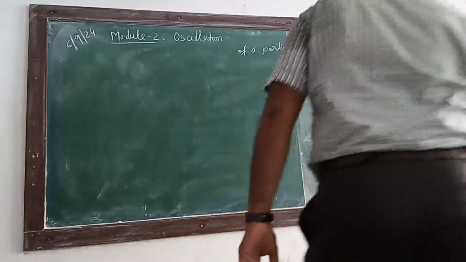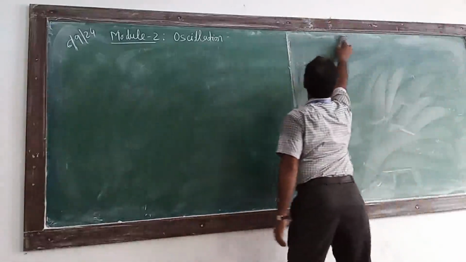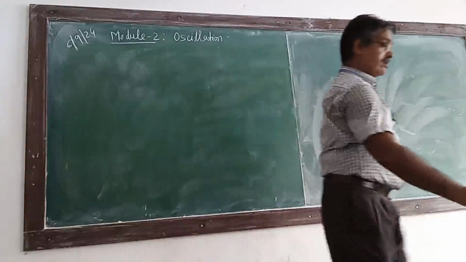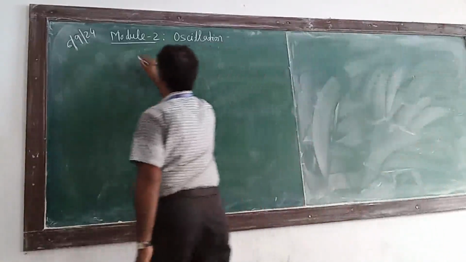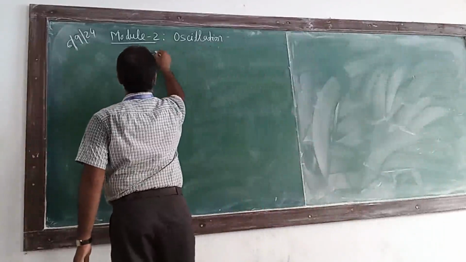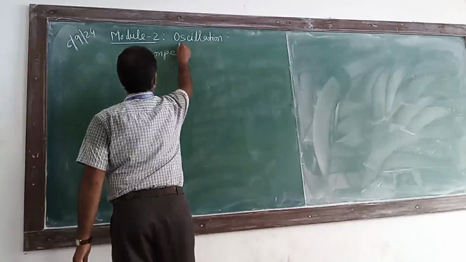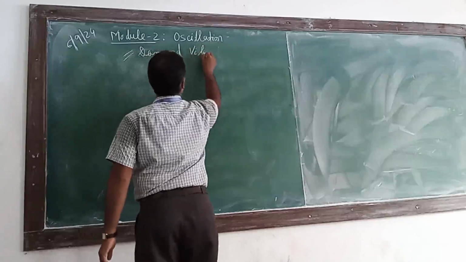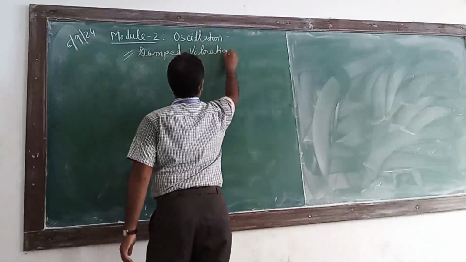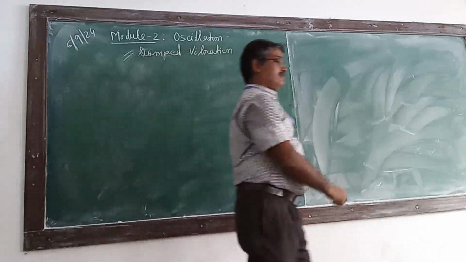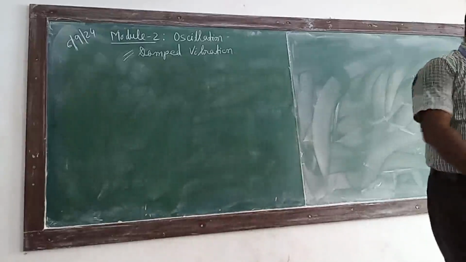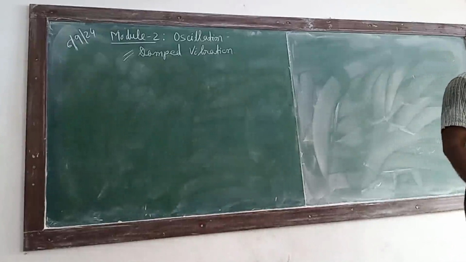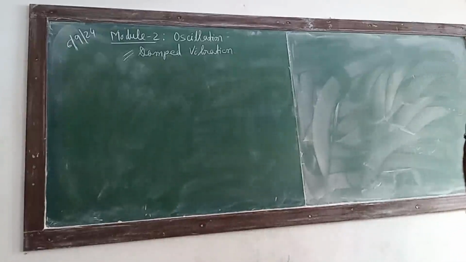Okay, so damped vibration. That means the amplitude decreases. Why does the amplitude decrease?